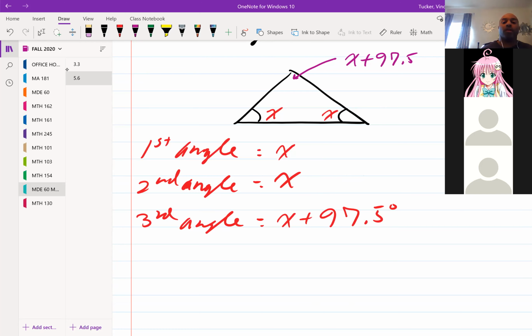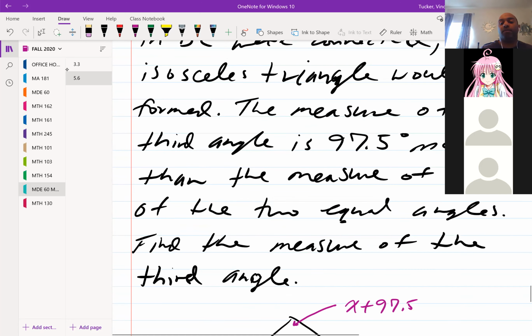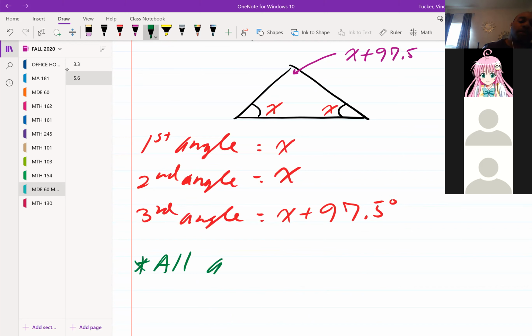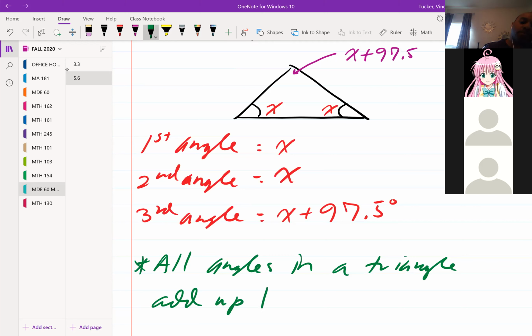And the way we do that is notice it didn't say anything else except for the fact that we're dealing with a triangle. And some of you may remember from geometry that all angles in a triangle add up to 180.